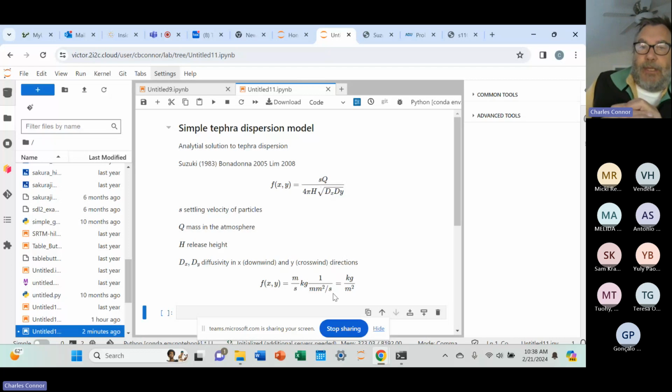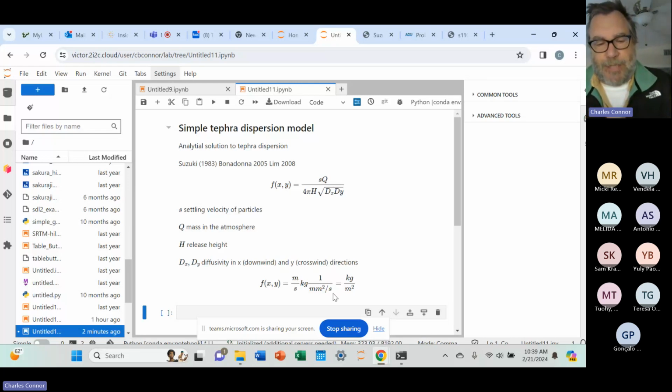That means that if the settling velocity is high, then the square area is going to be larger, right? And so you can imagine that if I hold a palm full of tephra in my hand and I drop it, say 1 meter, that tephra is going to spread out and make kind of a blob on the ground, roughly circular in shape.